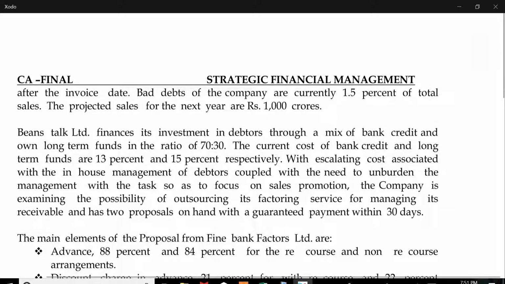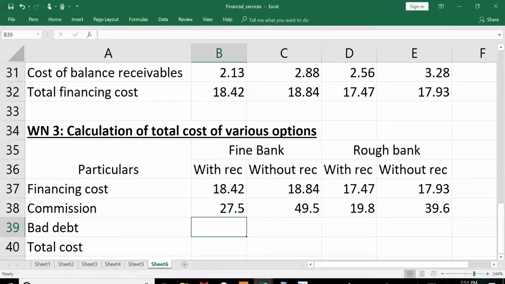Bad debt is 1.5%. Where will the bad debt come? Where should I write the bad debt?